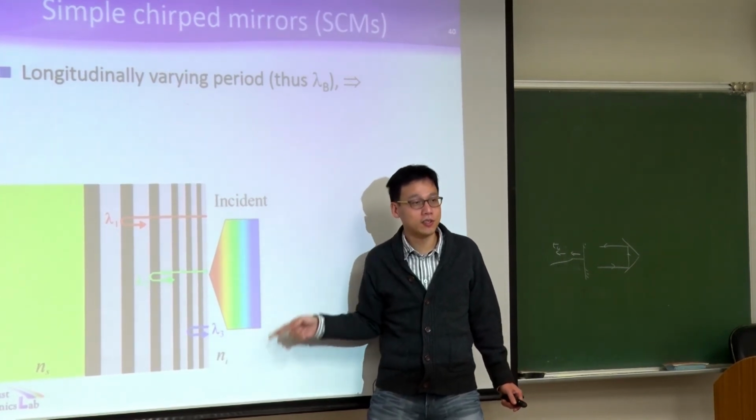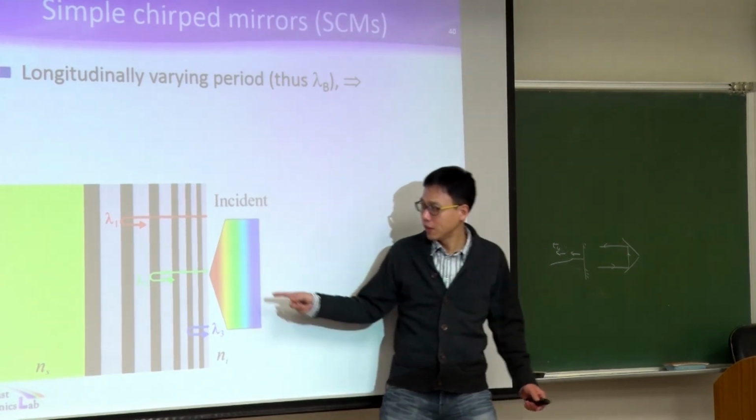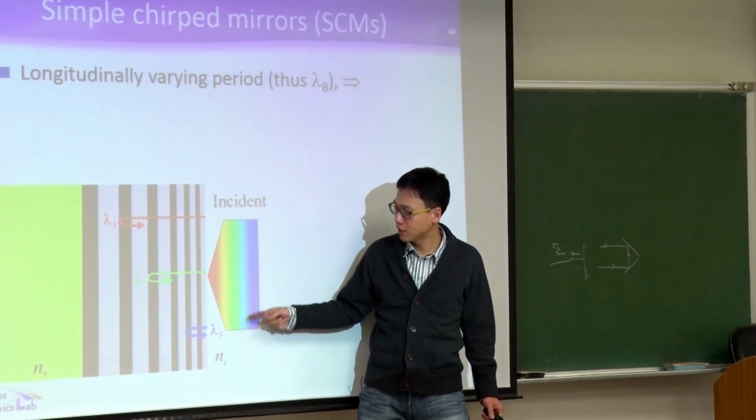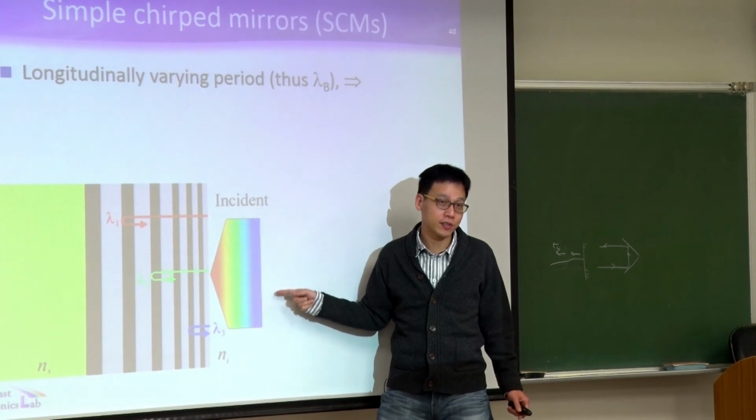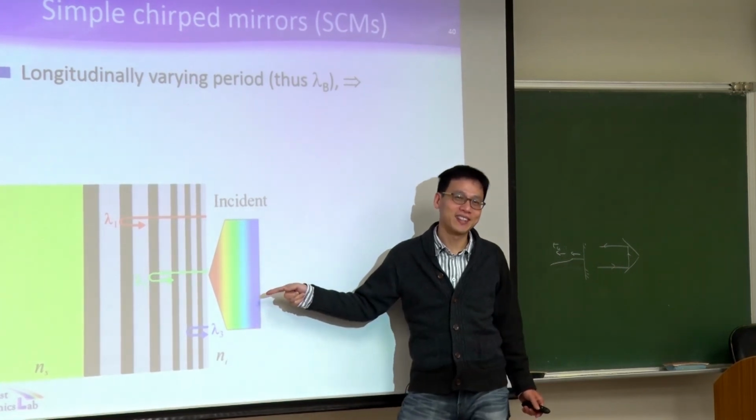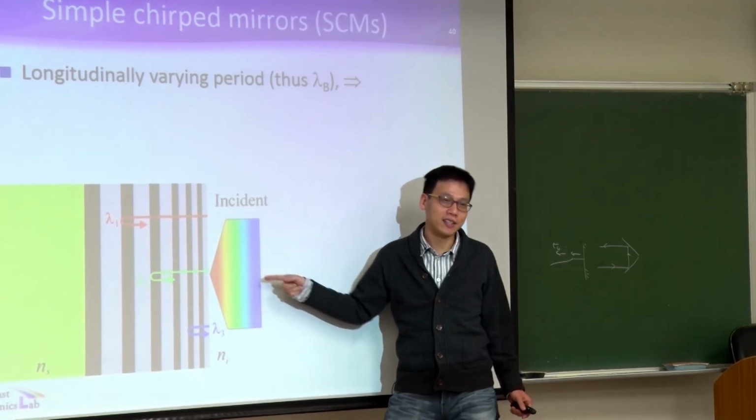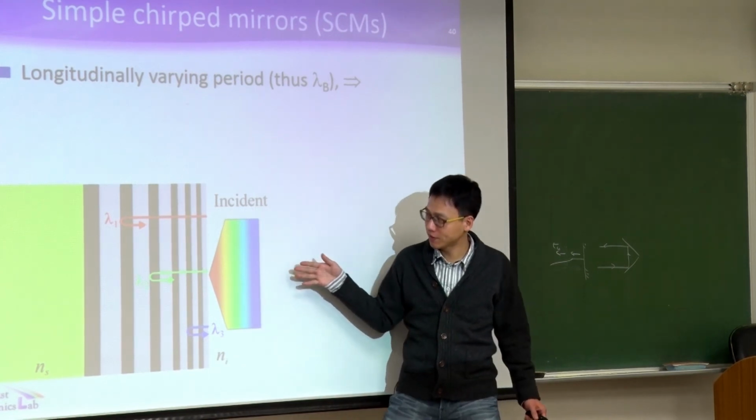this means your incident spin is a chirped pulse. Red part first, blue part later. So this is an upchirp pulse, right? Red leads blue. It's an upchirp pulse.